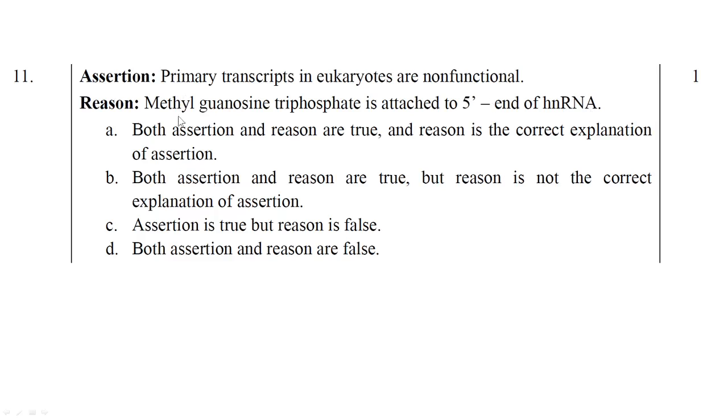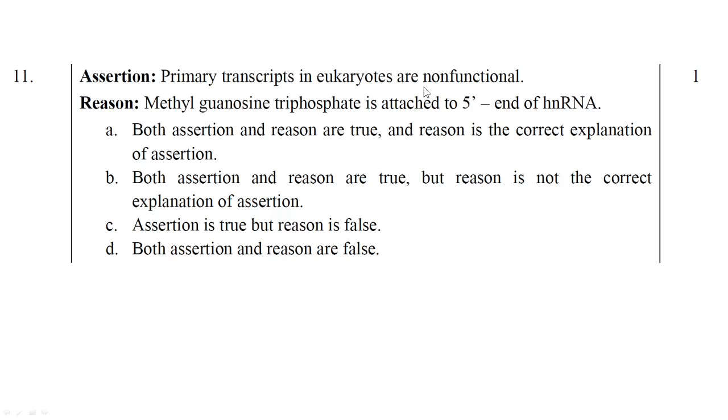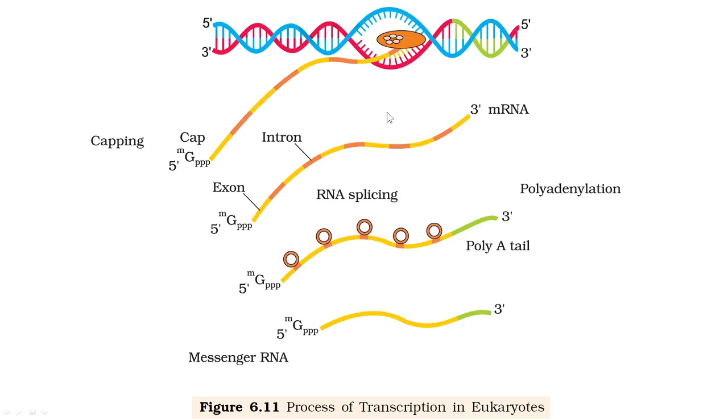Now, after reading these two statements, you have to make the selection like you did before, right? This question is based upon this particular diagram. We know that eukaryotic DNA or genes are split genes, which means there is inclusion of both exons as well as introns.